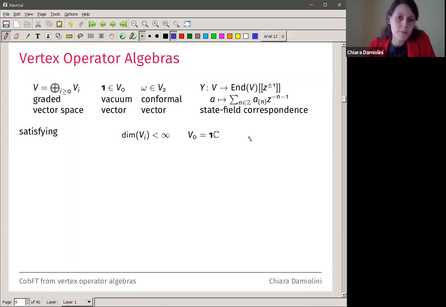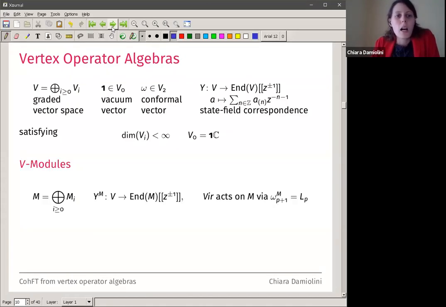And by module, I mean, again, a vector space, which is written as a direct sum of subvector spaces, which are indexed by non-negative, but it's graded over the integers. Again, I have a state-field correspondence, which associates to an element of V a family of endomorphisms.